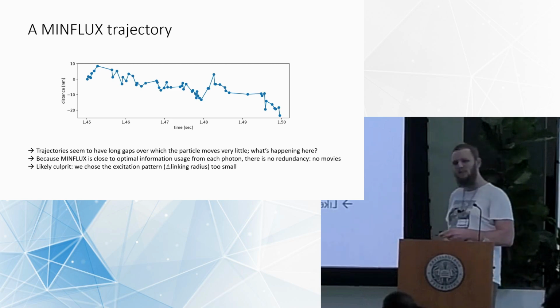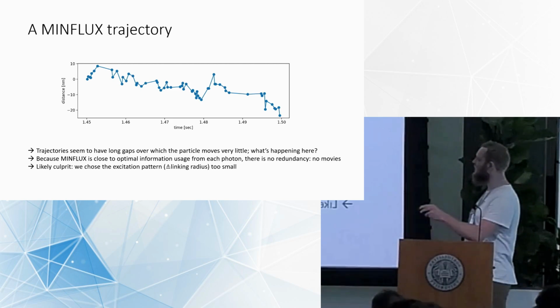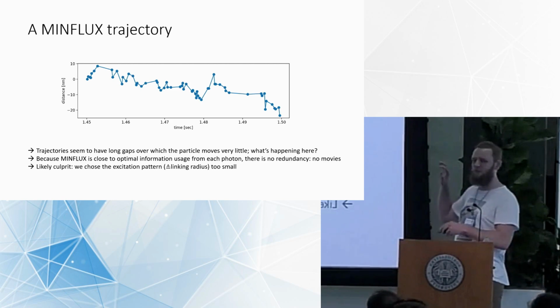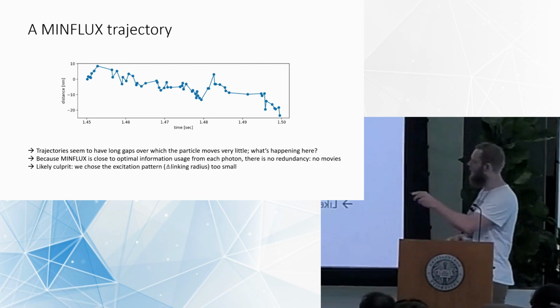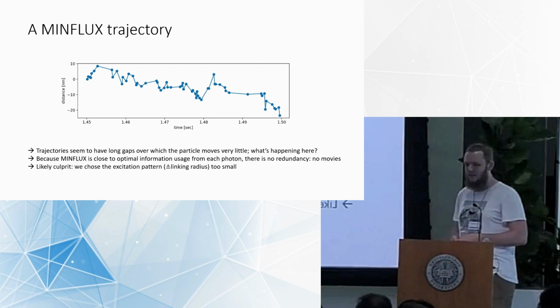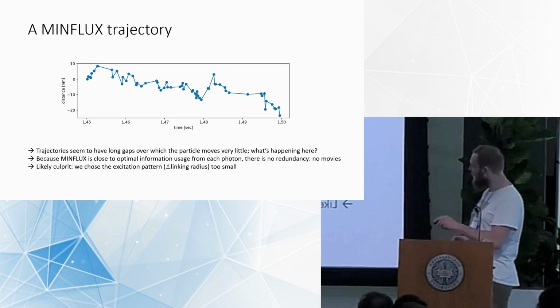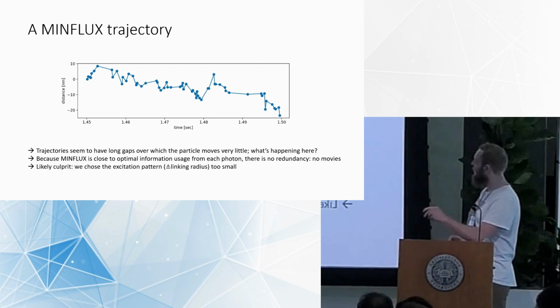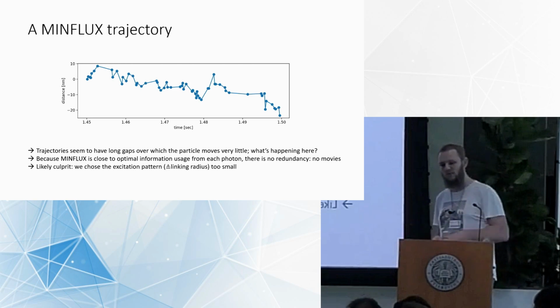This looks a little bit suspicious because it looks like we're just blocking out a part of the trajectory where the particle jumped away, and then we connected with a straight line. And you can see that this happens in various places in the trajectory. So here and there and there and there, we get relatively long gaps in these trajectories.